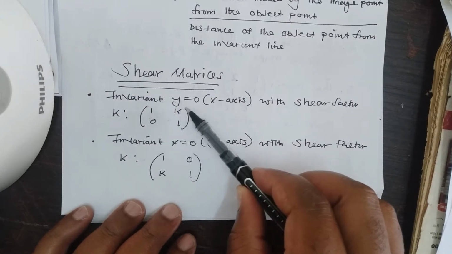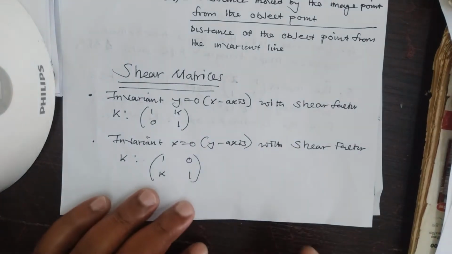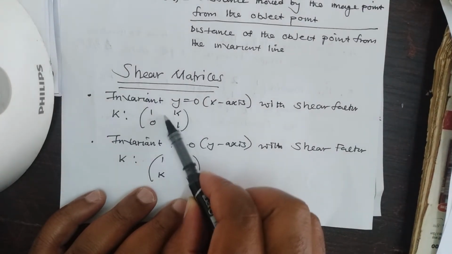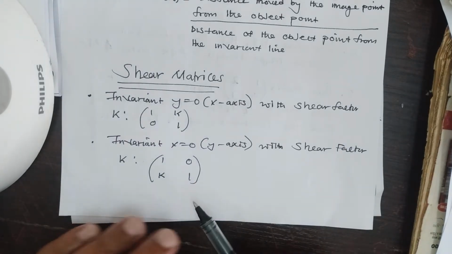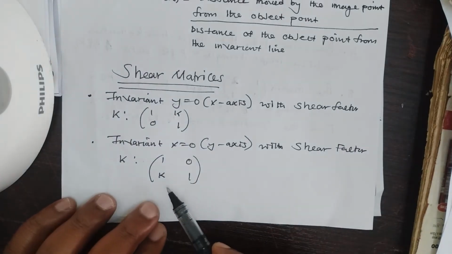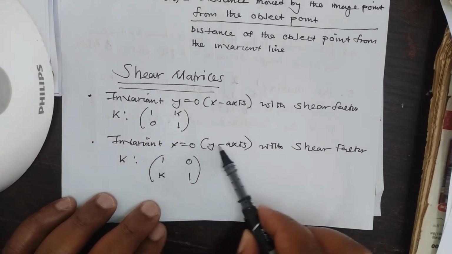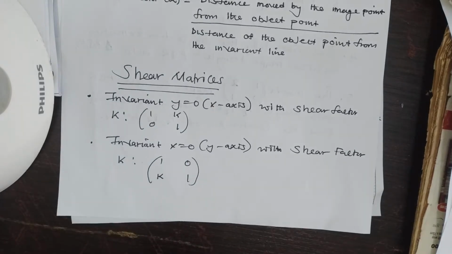The k is telling you about the shear factor. So if the invariant line is the x-axis, where the shear factor is, that is the invariant line. So the invariant line x is equal to the y-axis. So here where there is this, that is the invariant line.